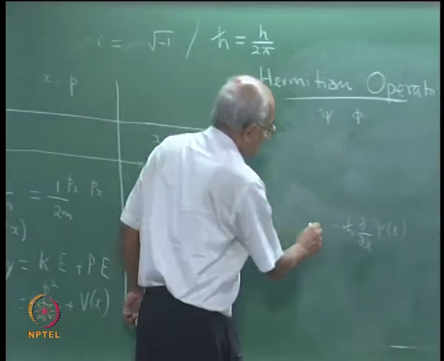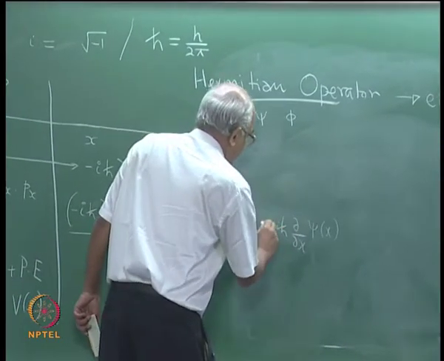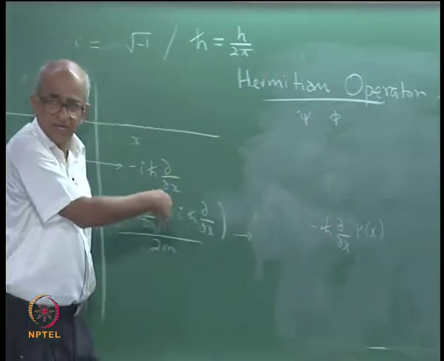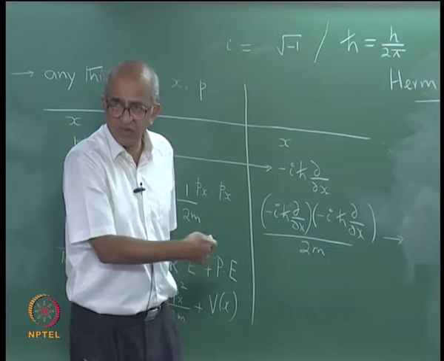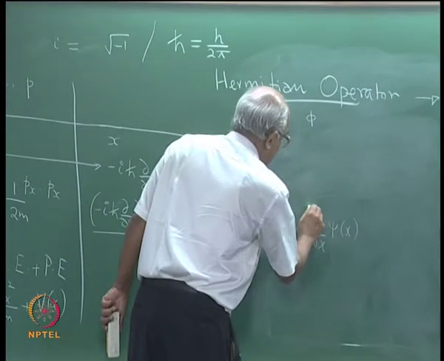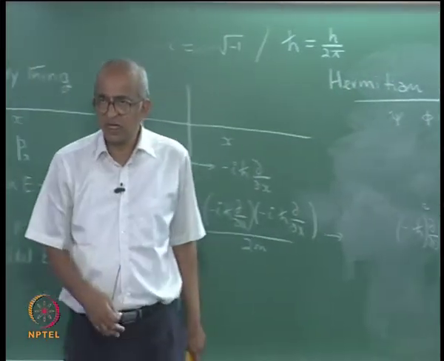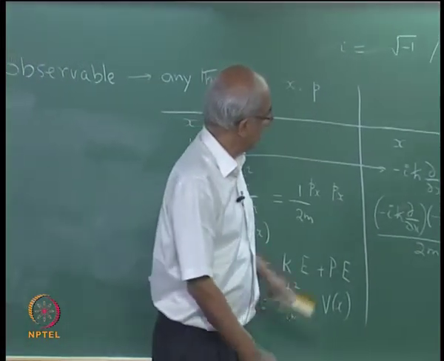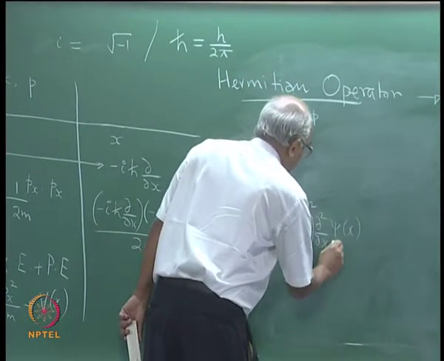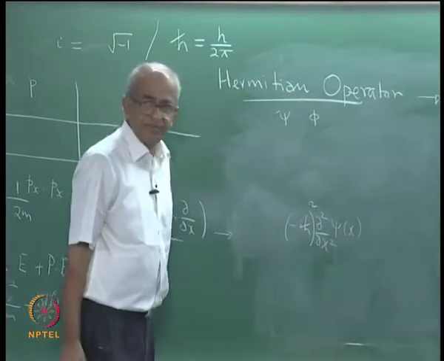So, I differentiate once more and multiply by minus i h cross once more. Effectively, I have minus i h cross multiplication 2 times, so I get a square of that, and I do the differentiation 2 times, so I would be evaluating the second derivative.